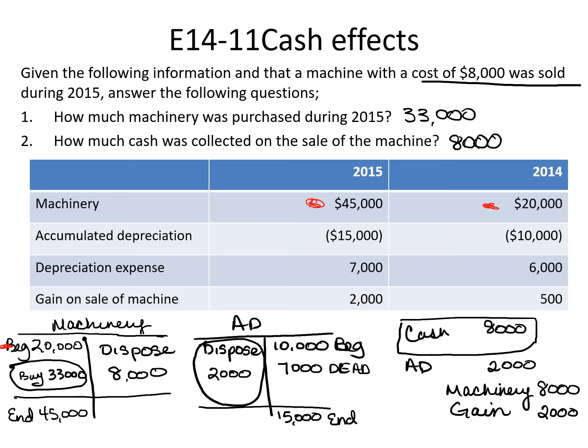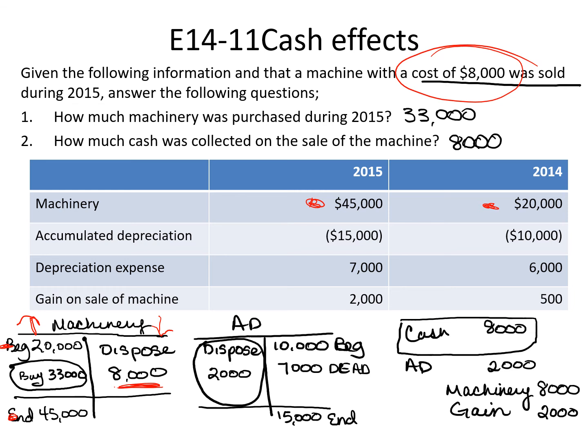Ending machinery is 45. We know that there's only two things that can happen in machinery. It can be increased when we buy it, and it can be decreased when we sell it. And it tells us that 8,000 was sold during the year, so that's where that 8,000 came from. So that means we bought 33,000.